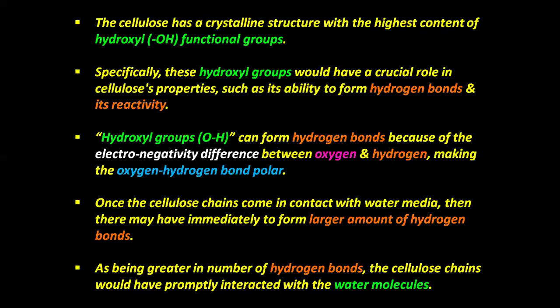Once the cellulose chains come in contact with water media, they immediately form a larger number of hydrogen bonds. Being greater in number of hydrogen bonds, the cellulose chains promptly interact with the water molecules.